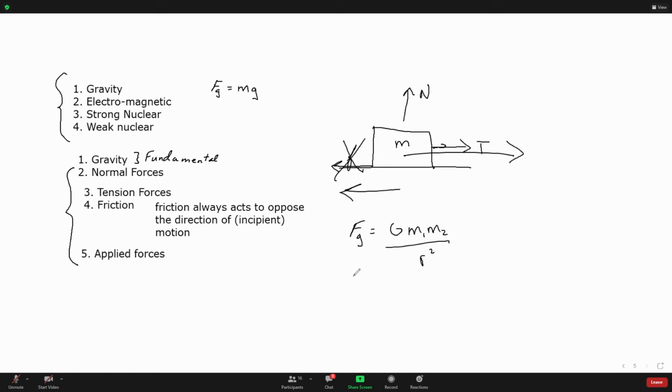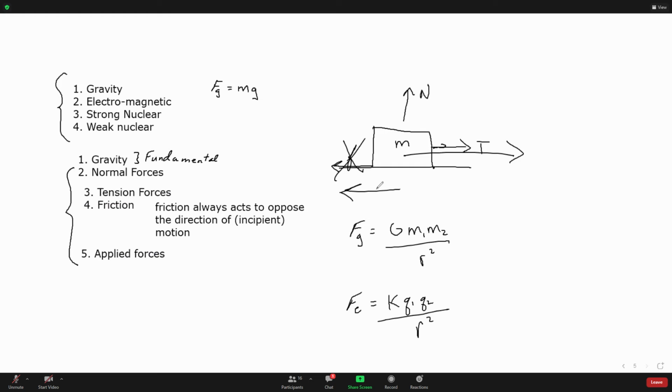And for electricity, the electrostatic force is some constant k times charge 1 times charge 2 divided by the distance squared between them. Now, the strong and the weak nuclear forces behave in an entirely different manner. But the electrostatic force and the gravitational force are formally identical. They look exactly the same, don't they? It's the same equation.